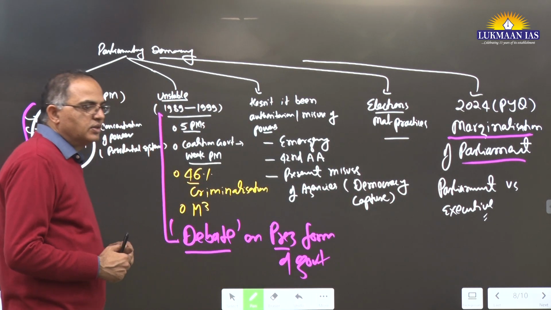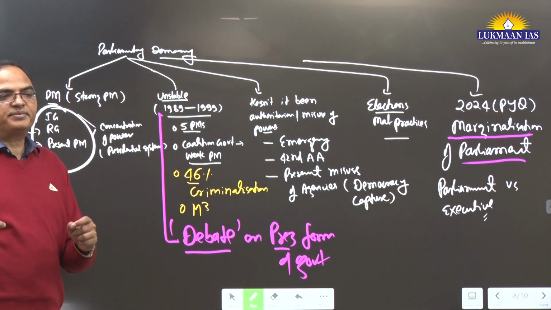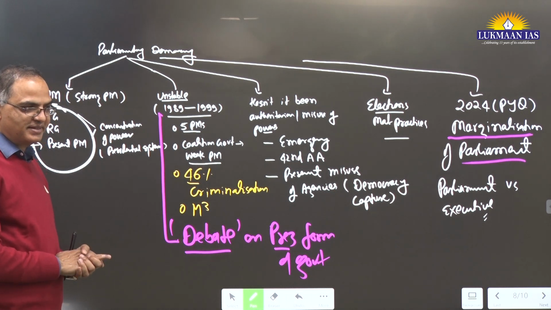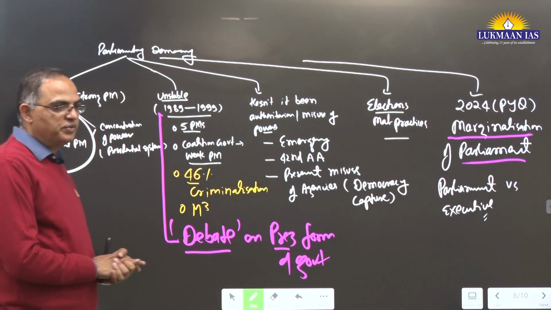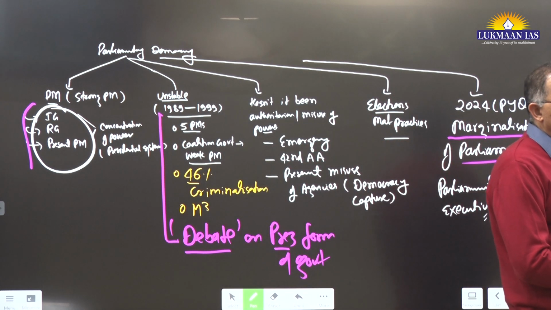Even a parliamentary democracy can have some characteristics of presidential form of government, which we'll talk about when we take strong executive, weak executive, and coalition government.